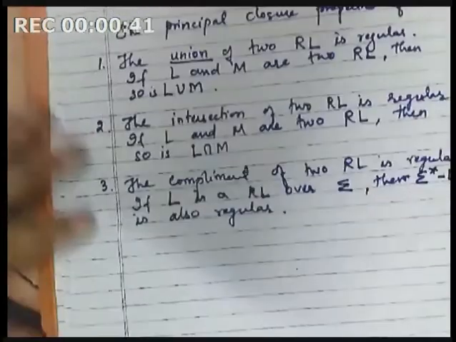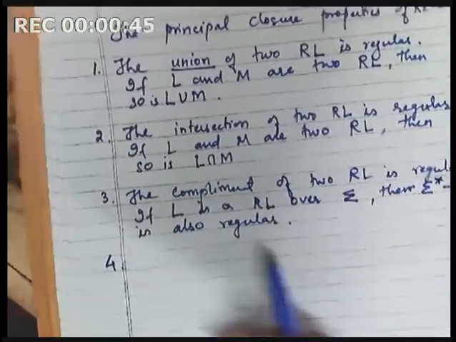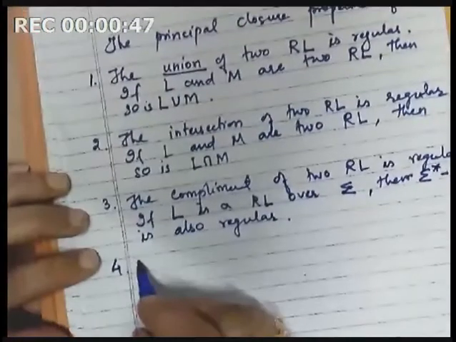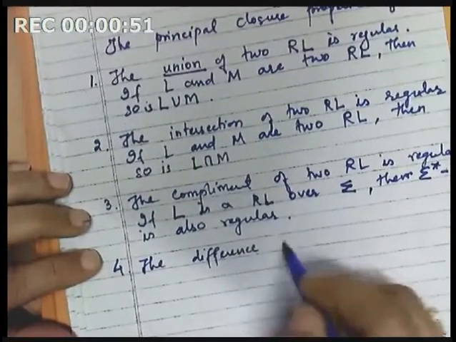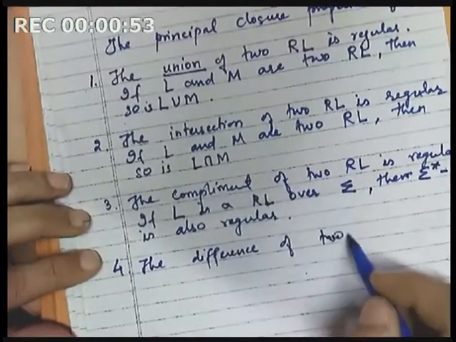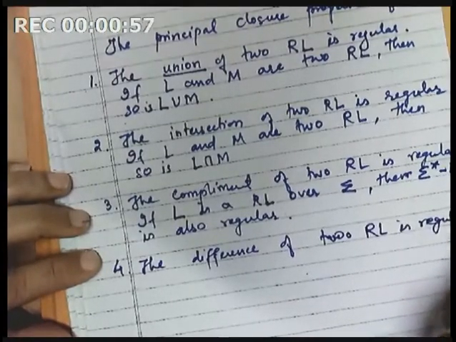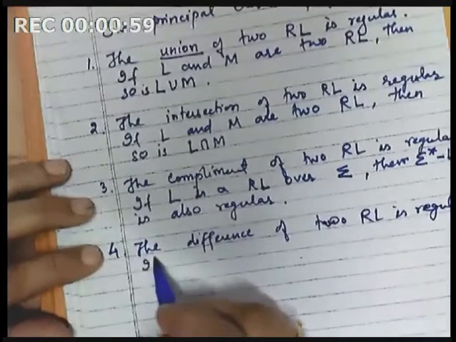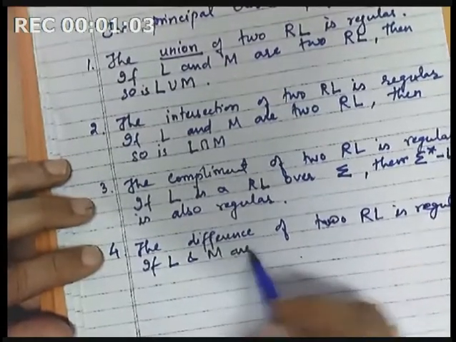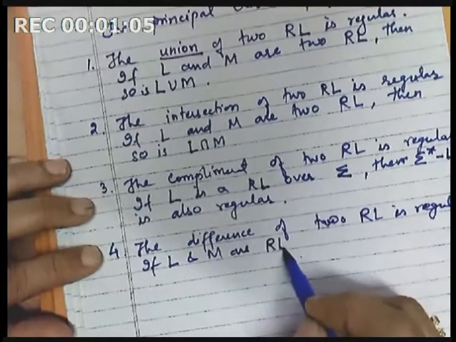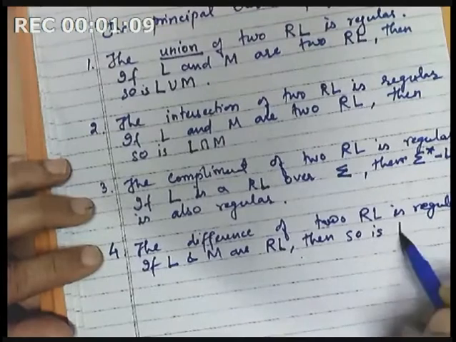Fourth, the difference of two regular languages is regular. So the difference of two RLs is regular. So again, if L and M are RLs, then so is L minus M.